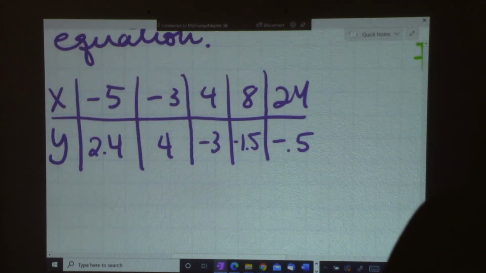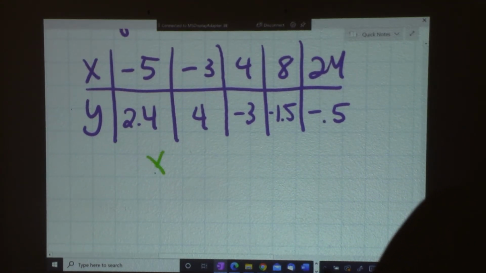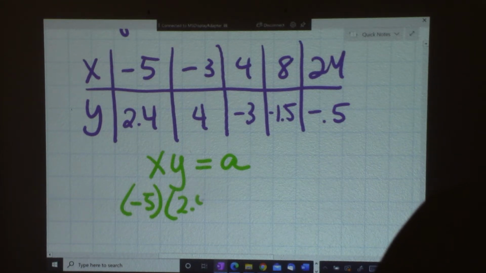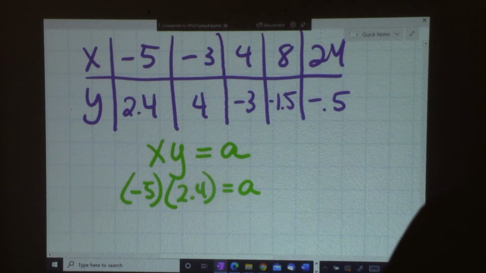If I come over here, my equation now is x times y equals a. So that means I can take -5 and 2.4 and multiply them together, and I get -12.